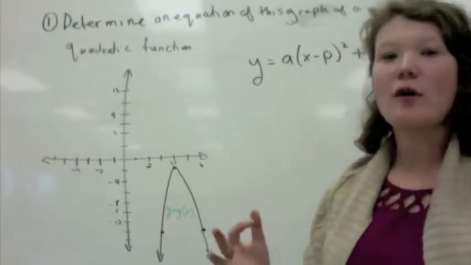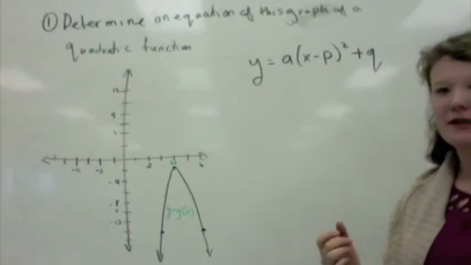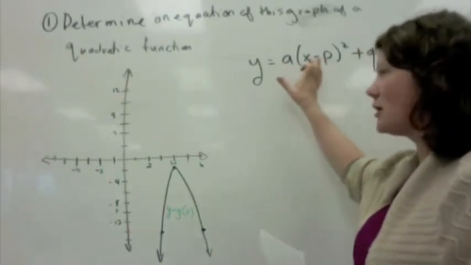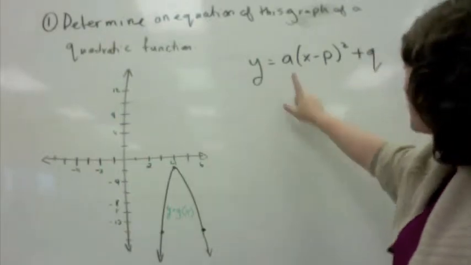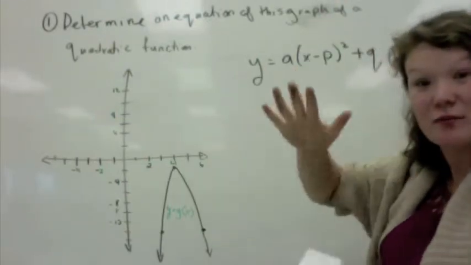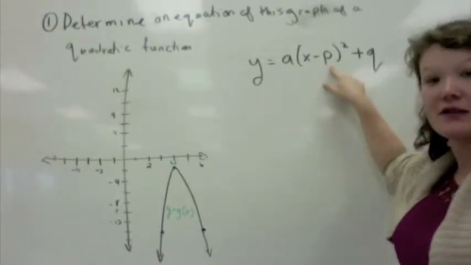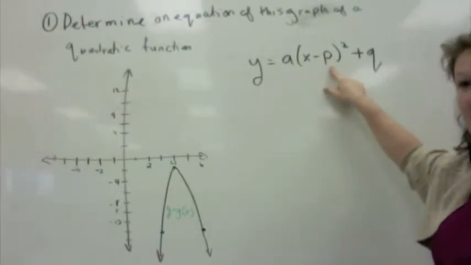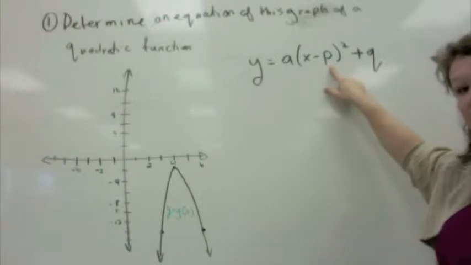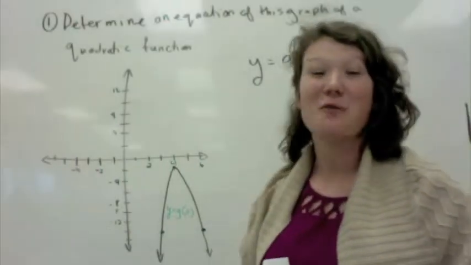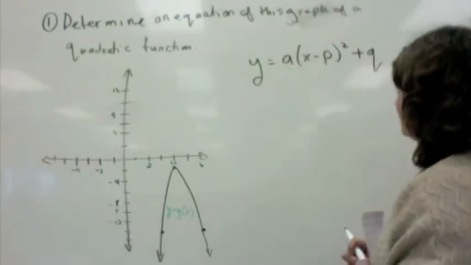Remember, even though in the summary we took it apart and talked about 3 different sorts of functions, a is our stretch or compression factor, which is vertical. P is just the x-coordinate of our vertex, and q is the y-coordinate of our vertex.